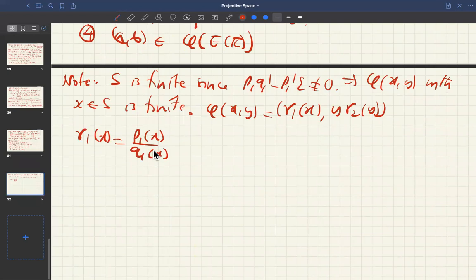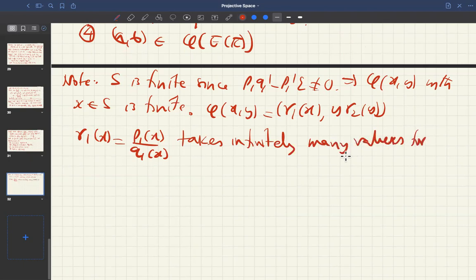Now x takes infinitely many values for x in k bar.